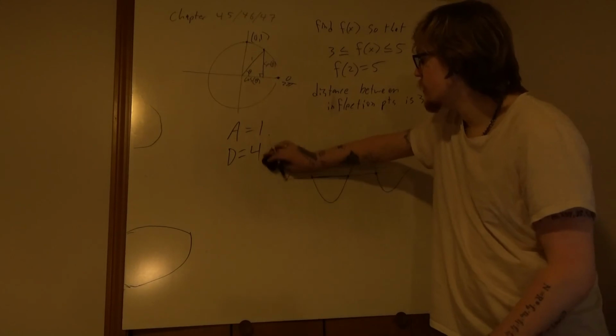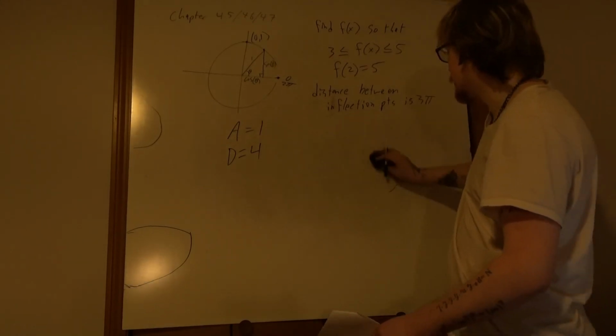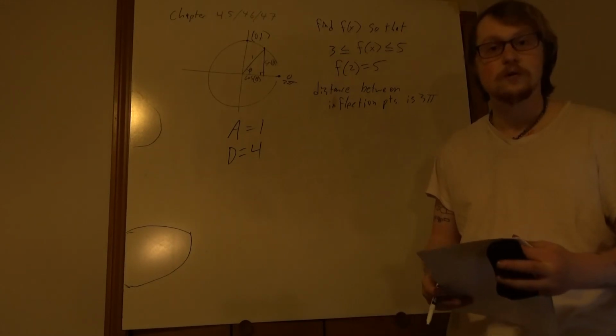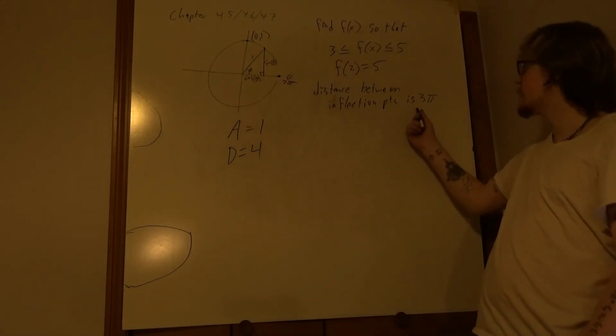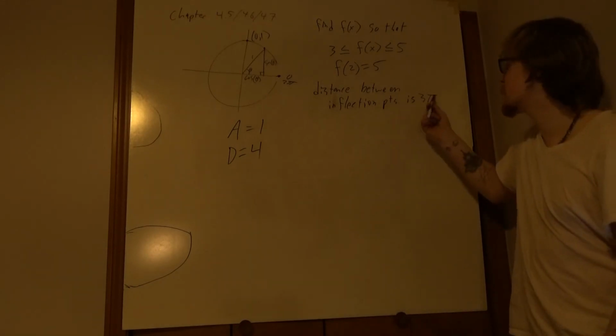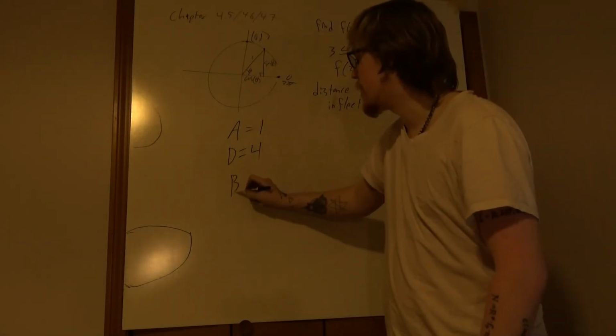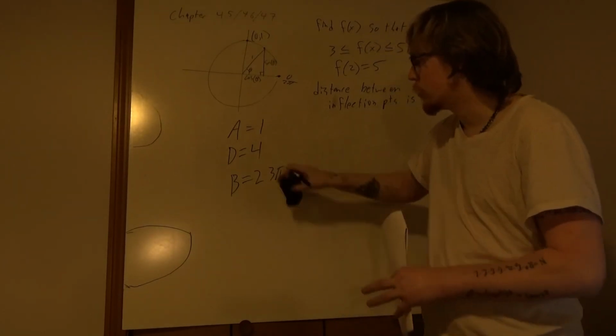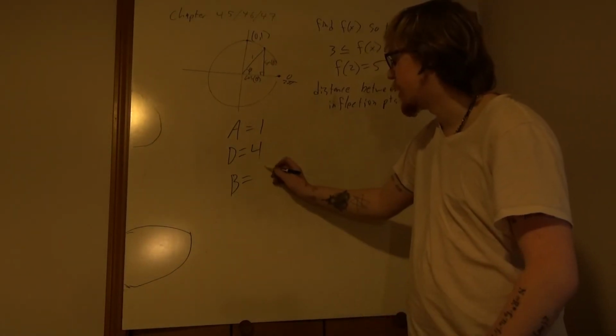So to figure out what the period is, we need to figure out 2 times the distance between the zeros, and we're given that the distance between the inflection points, which is the same as the zeros, is 3 pi. So we know that the period has to be 2 times 3 pi, or just 6 pi.